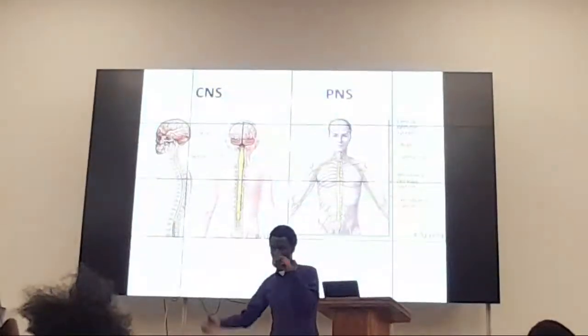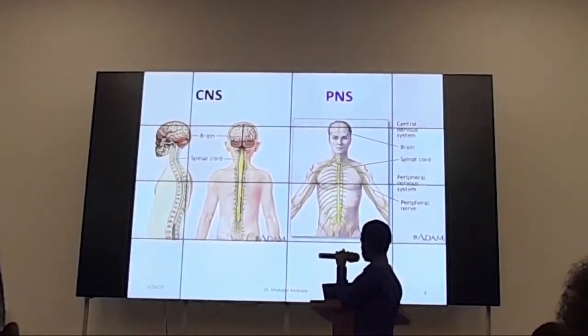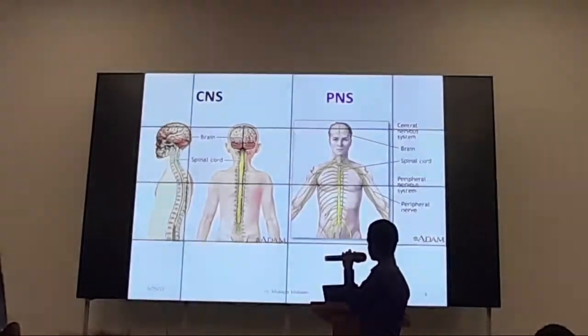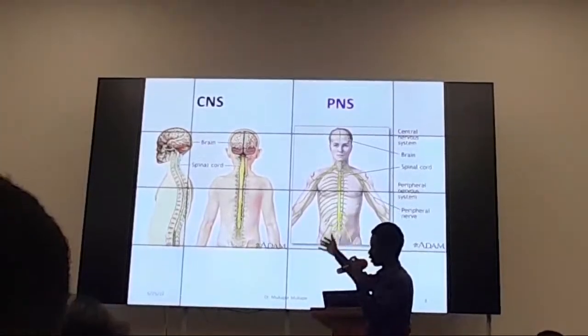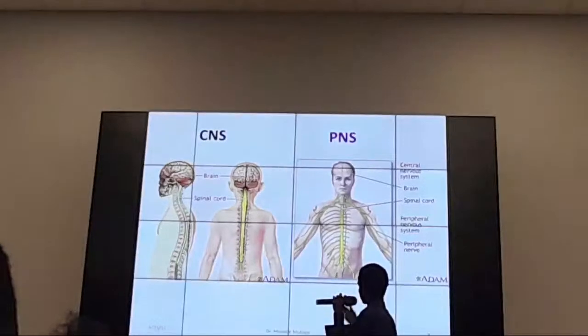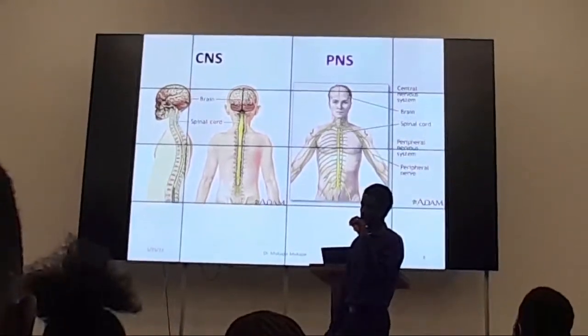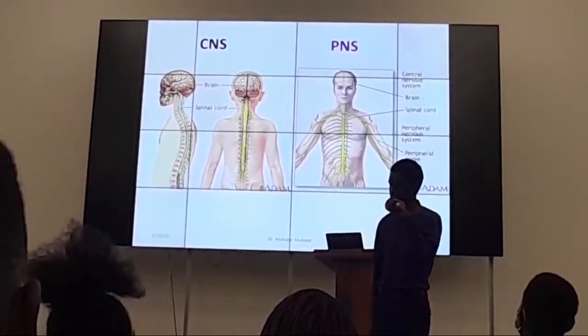So it's the narrower part of the CNS that makes the spinal cord. You can see that the spinal cord exits the skull via the foramen magnum and passes into the vertebral canal of the vertebral column, isn't it?